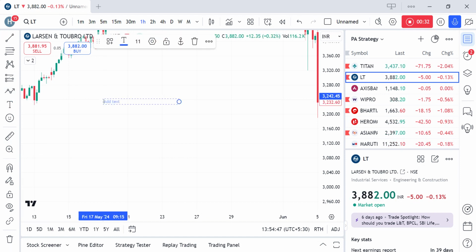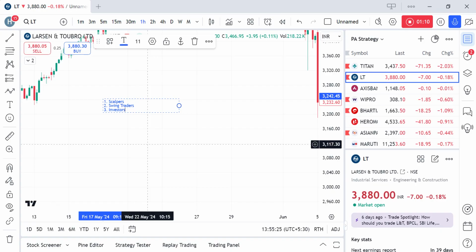Firstly, how many types of traders are there in the market? Generally, there are three types of traders. First are scalpers, second are swing traders, and third are investors. Scalpers are the persons who play very small differences. Swing traders trade momentum.